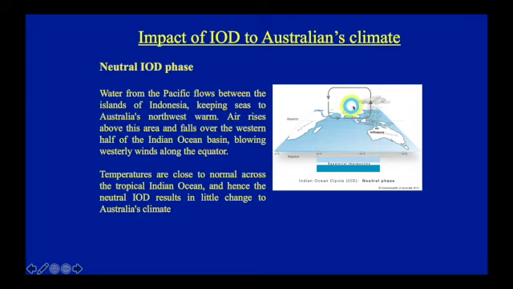If you look here, they try to imagine this system as a cell system, if you remember the Hadley cell and Ferrel cell that we talked about earlier when we studied atmospheric circulation. So this is a cell system that happens during IOD. This is the normal condition. During normal condition, you have this kind of cell system bringing moist air to the Southeast Asia and Australia region and bringing rainfall.